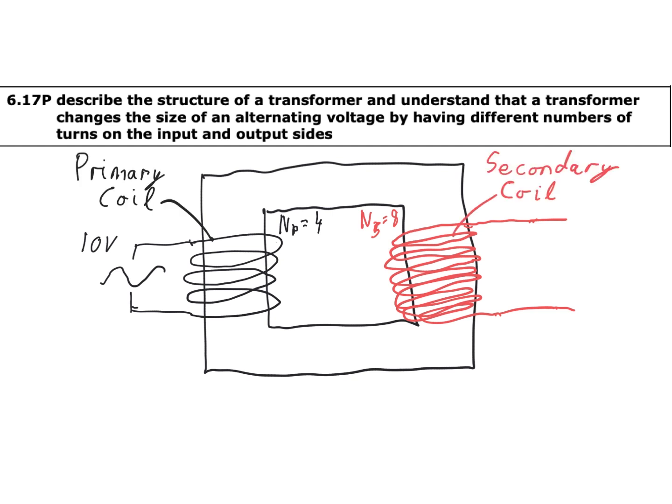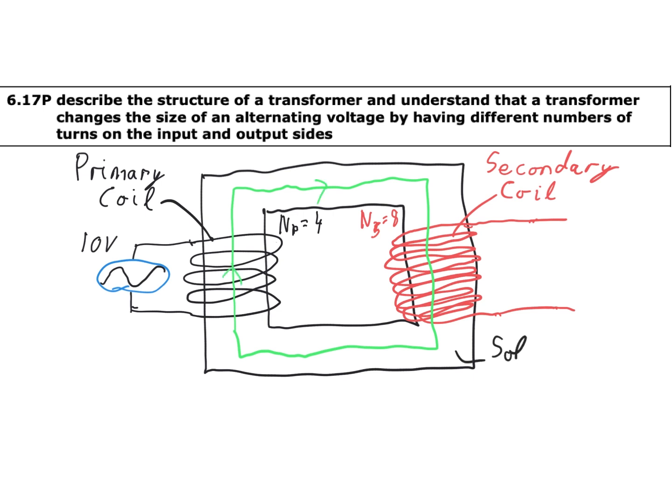So going into this transformer, we have a 10 volt AC supply shown here. Now that 10 volt AC supply will go through the primary coil. And in the process of going through the primary coil, a magnetic field will be produced, and that will be carried around the transformer by this magnetically soft iron core.